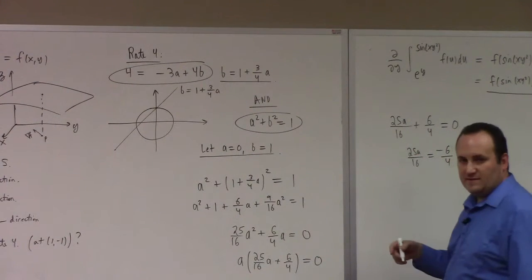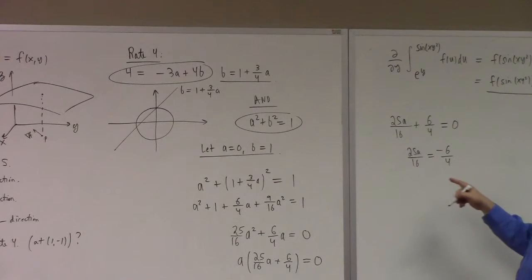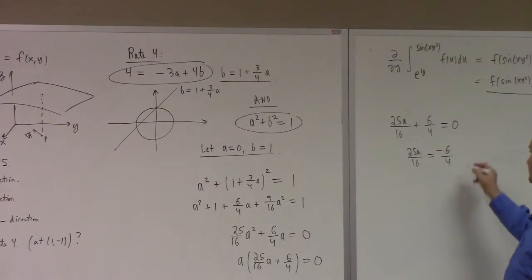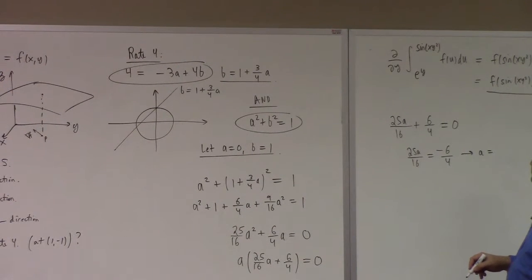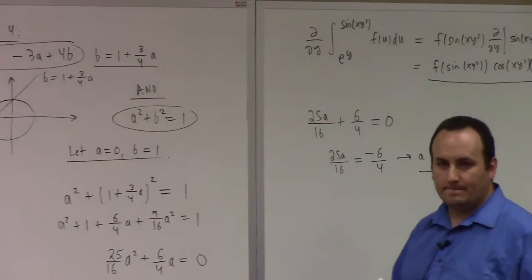I know I could simplify these, but I'm just keeping them the same so you can read what I'm doing faster. What is this? Minus 24 over 25, yeah? Then what's the b?